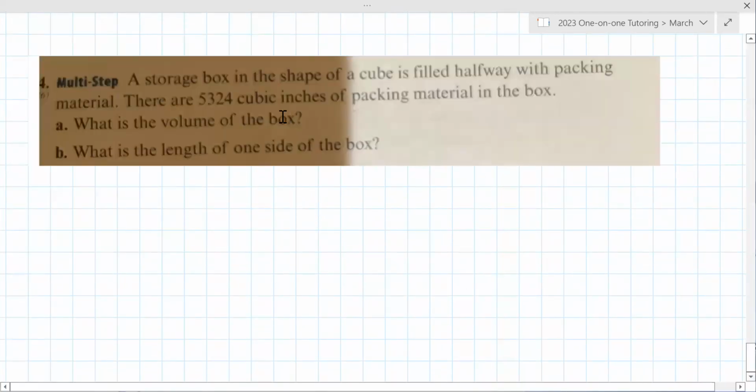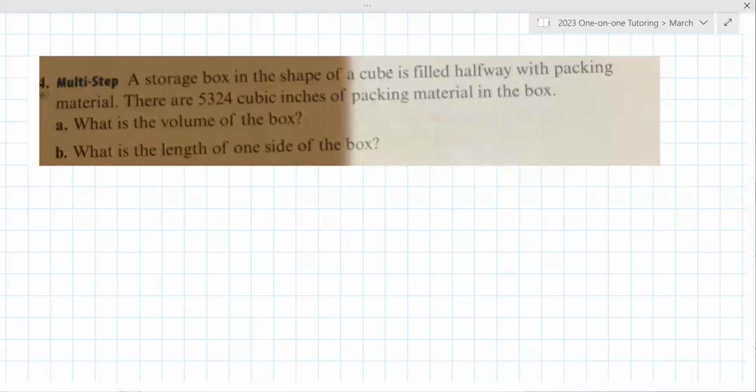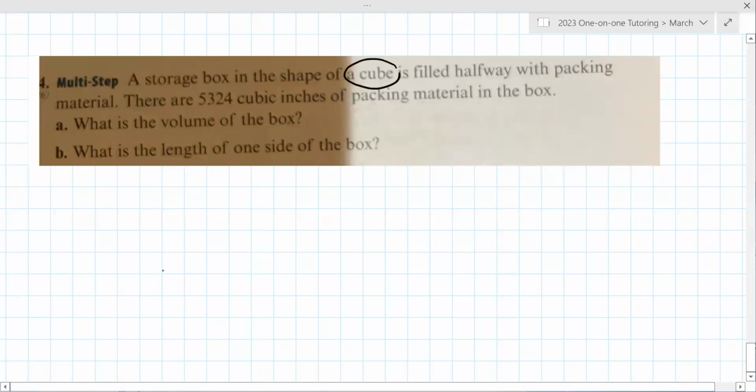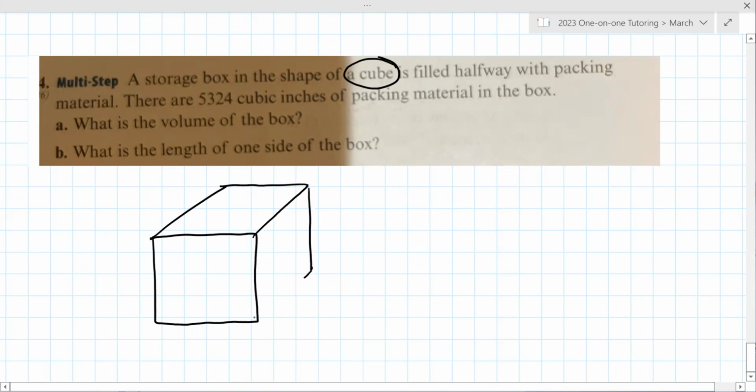A storage box in the shape of a cube is filled halfway with packing material. So what do you know about a cube? It's got 6 sides, 6 faces.